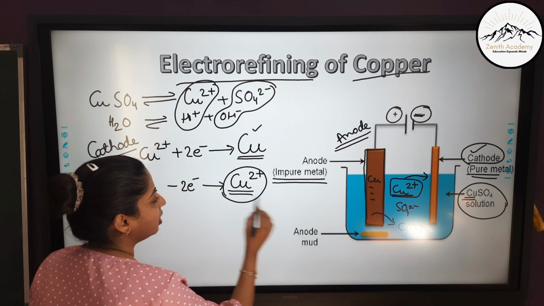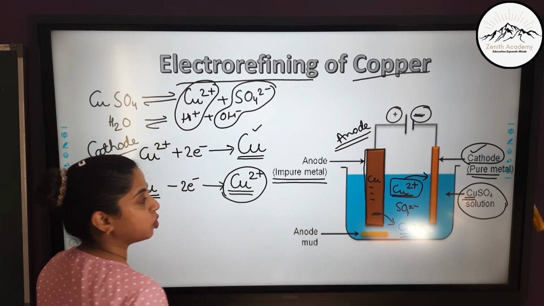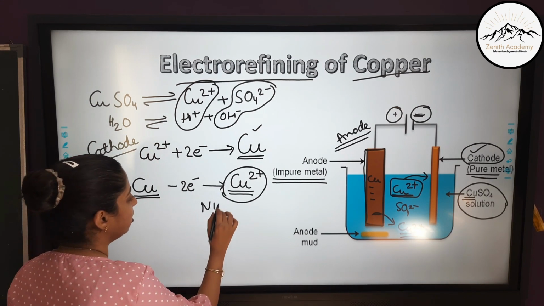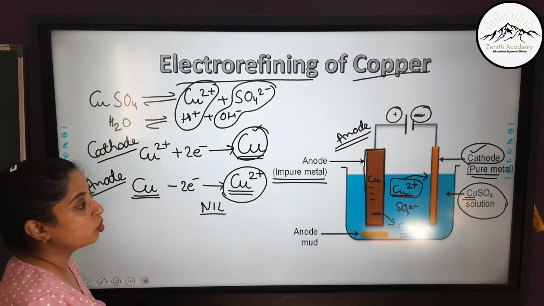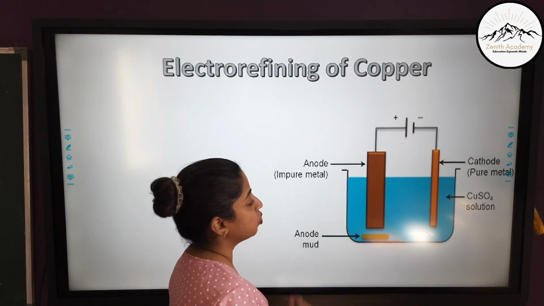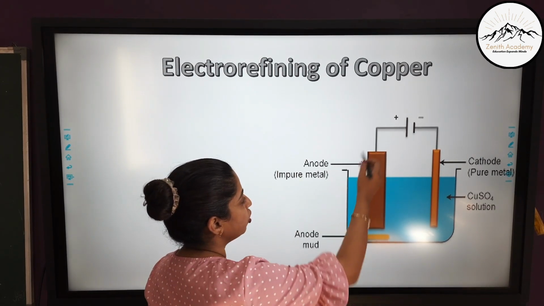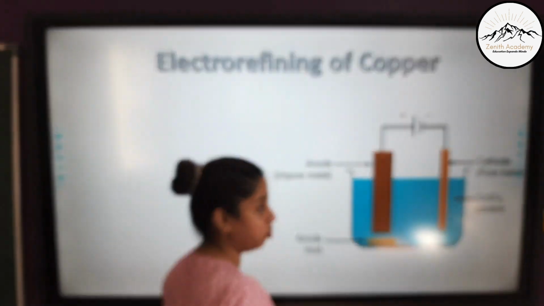These copper ions are getting discharged, they are going out into the solution, so the anode keeps on decreasing in mass. We can say there are nil products formed at the anode, and at the cathode there is copper metal formed. So as soon as the blue color fades, copper ions are getting fewer, and we should change the impure metal rod, or we should change the copper sulfate solution.